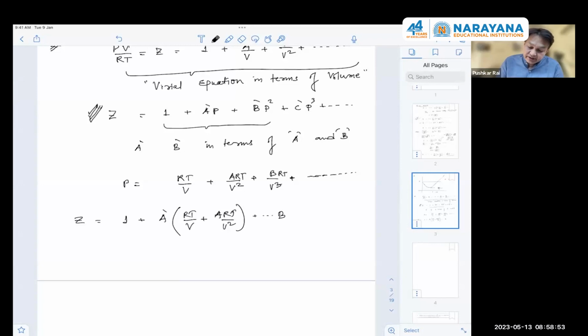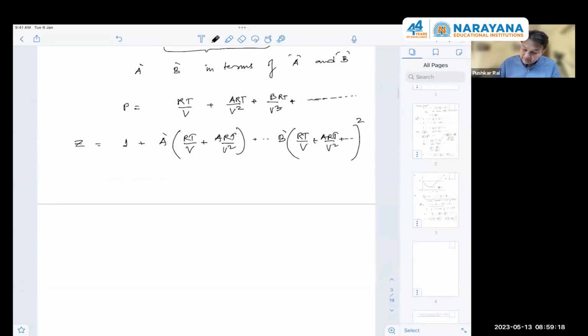The next term is B dash because we have to take maximum two terms, B dash and P square. That means RT by V plus A RT by V square plus all the terms, square of this.